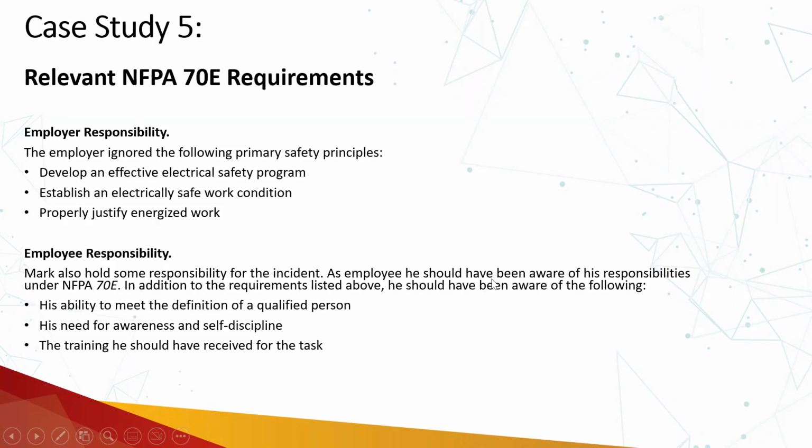As the employee, he should have been aware of his responsibility under NFPA 70E. In addition to the requirements listed above, he should have been aware of the following: his ability to meet the definition of a qualified person, whether he was a qualified person to perform work on the live system or not, his need for awareness and self-discipline, and the training he should have received for the task he was performing, that is the live work.